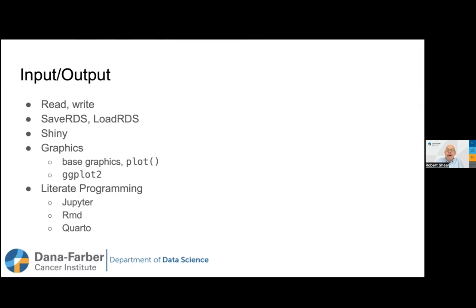Graphics, we've seen two kinds of graphics today. One is our base graphics, which is plot. I showed histogram, it's a version of plot. There's dozens of flavors of plot. It allows you an enormously strong level of control over what is plotted, where, and how.